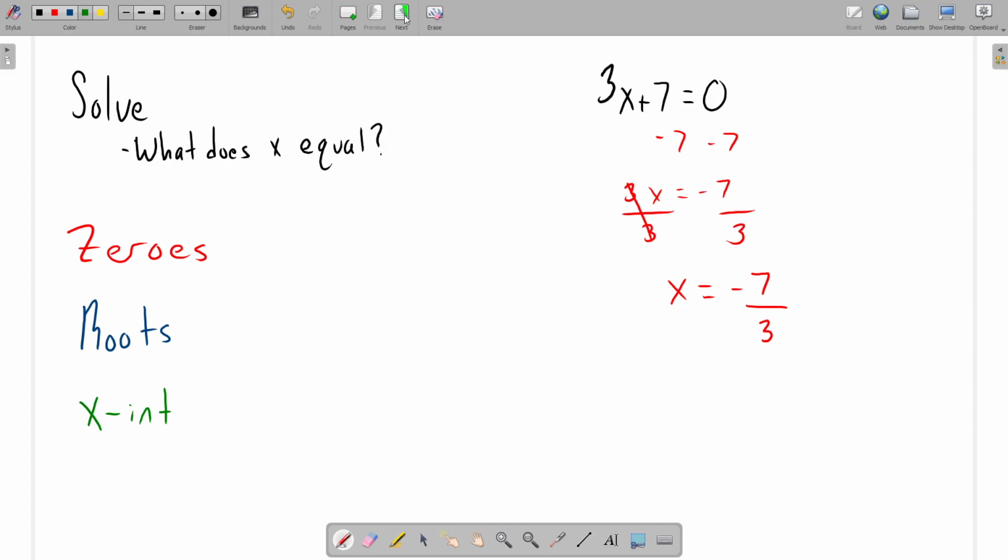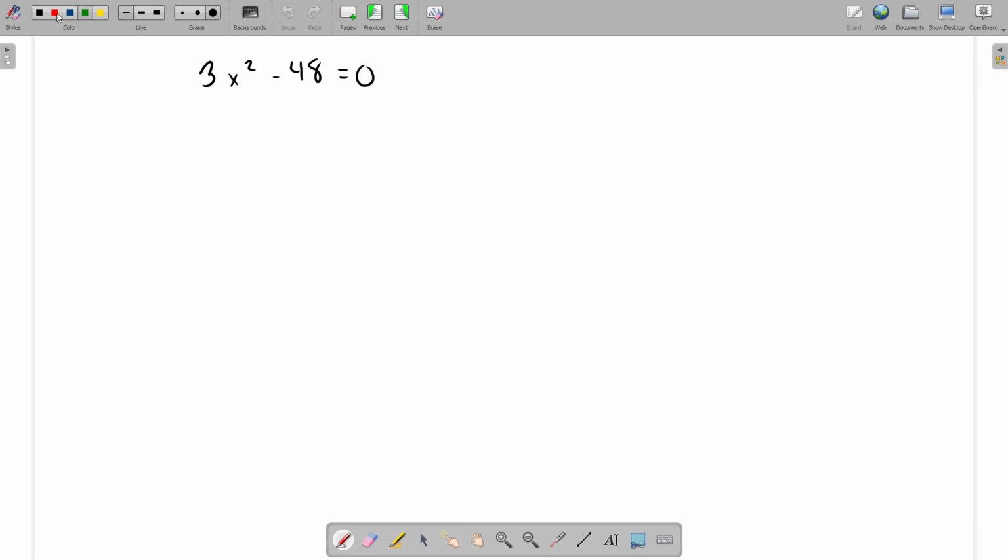All right, so let's look at it with one of our examples. If we approach this the same way that we just did that linear problem, where we isolate the x on one side of the equation and get everything else to the other side, we would add 48 first and have 3x squared equals 48, and then divide both sides by the 3.